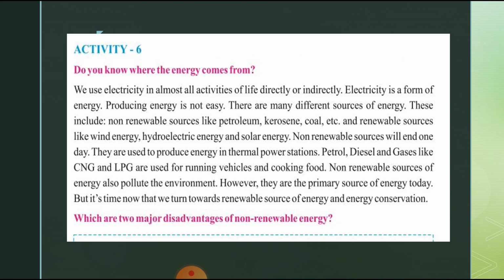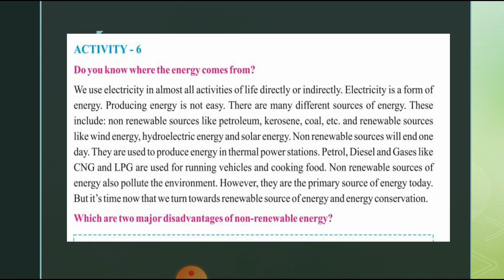Non-renewable sources will end one day. We all know that the non-renewable sources, like petrol, kerosene, and coal, will end one day, and they are used to produce energy in thermal power stations.